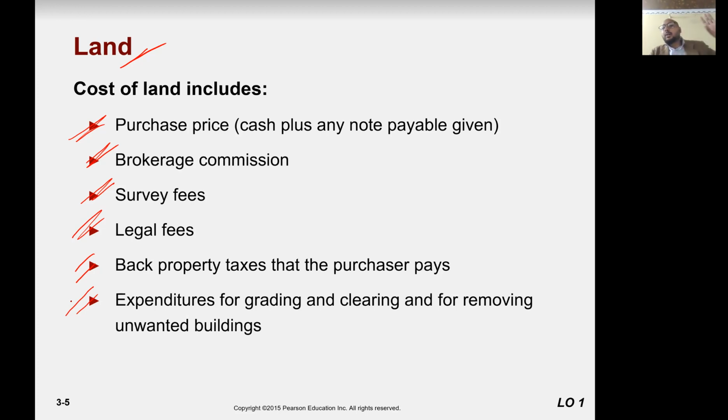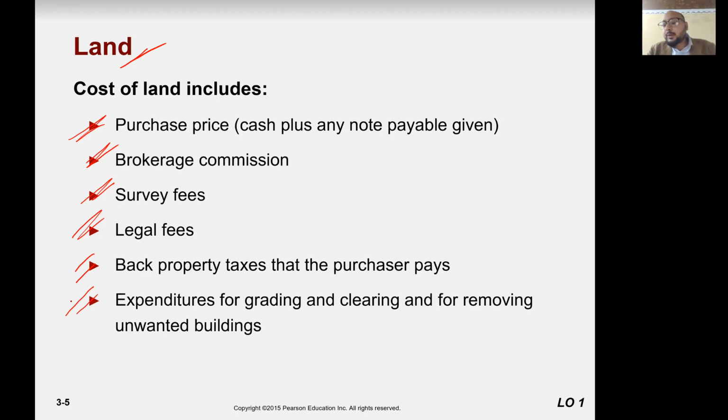For example, there was an old building situated on that land, so you just clean that land. That is also a part of the cost of land until it is ready for your use, or until it is ready for construction of your building.